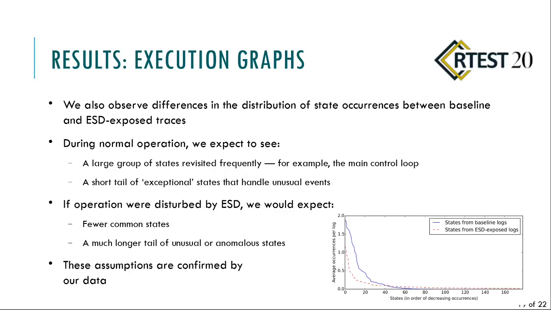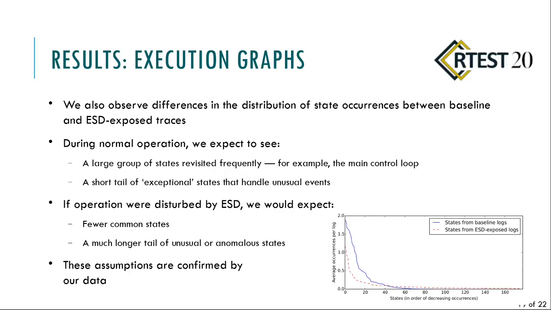And so when we actually plot this out and we order our states by order of decreasing occurrences, to the left the blue line shows the baseline trace distribution, and there is in fact a chunk of states that get visited relatively frequently, and then a short tail of exceptional states.